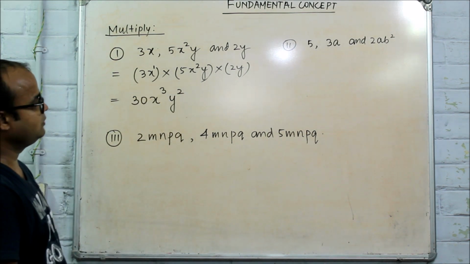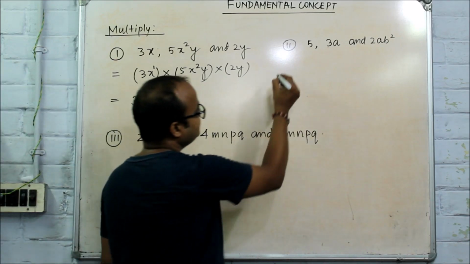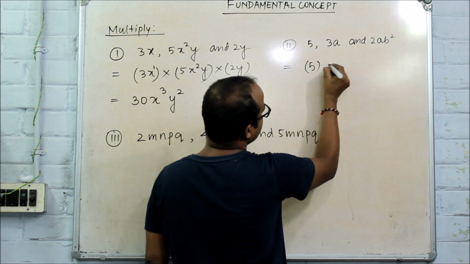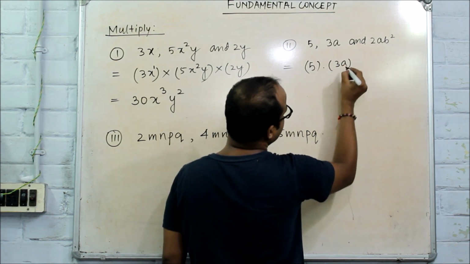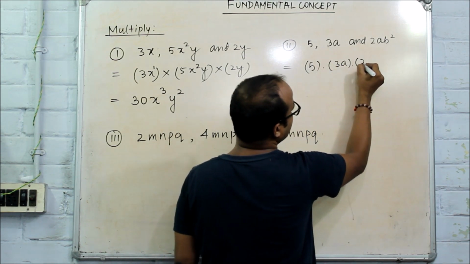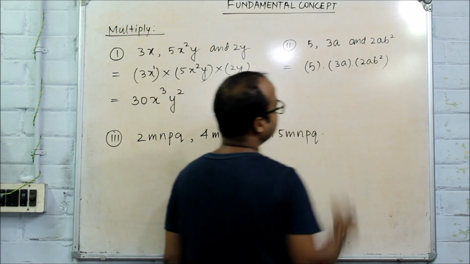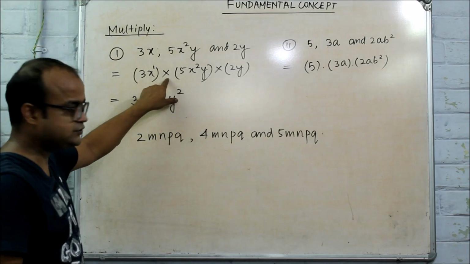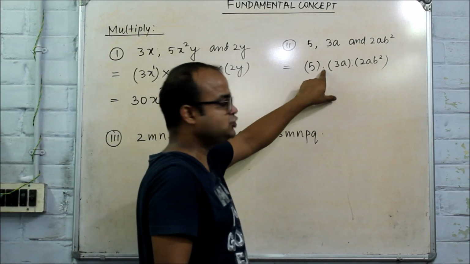Moving into the next problem. So we write 5 into 3a into 2ab square. First thing, see, I am using the multiplication sign, that is the cross sign here. You can also give the dot sign.